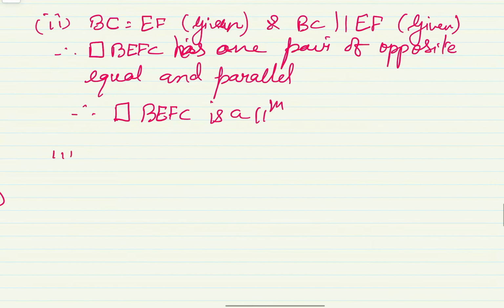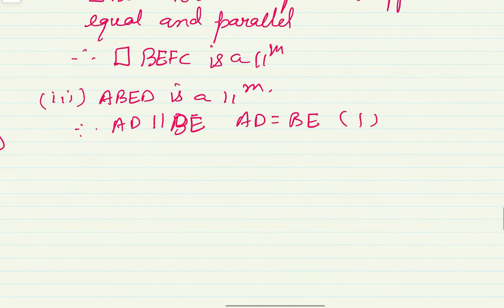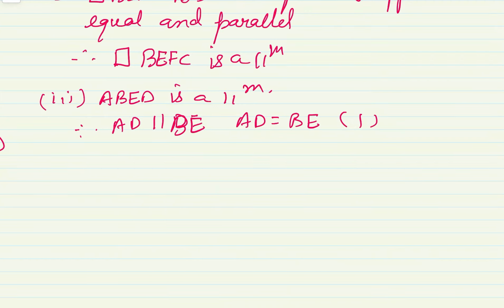Now third one, we have ABED is a parallelogram. Therefore, AD is parallel to BE and AD is equal to BE, and same way BE is parallel to CF and BE is equal to CF, that is second.